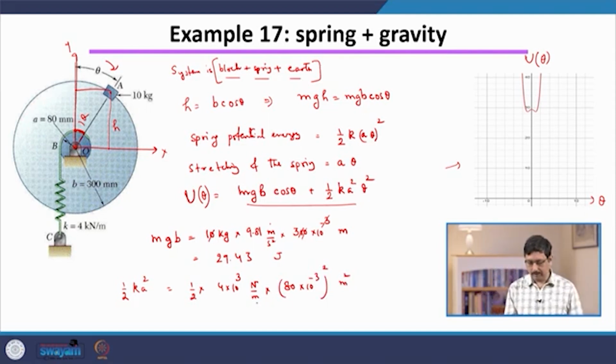Again you see that the unit is Newton times meter. So, 1 meter gets cancelled. So, it is Newton times meter, which is again joule. Now, the numerical value. What we have is half into 4 into 80 into 80. There is a 10 to the power minus 6 coming from the square and 10 to the power plus 3, so you have a 10 to the power minus 3.